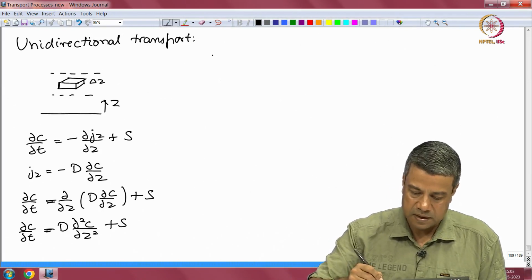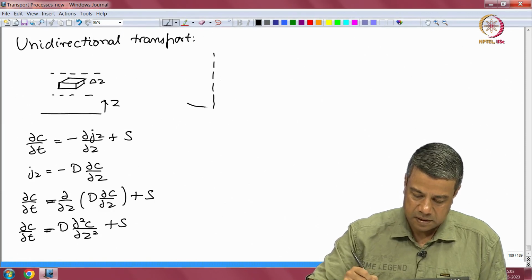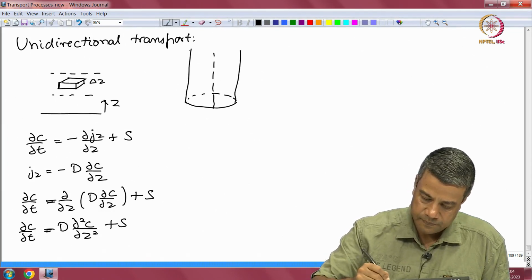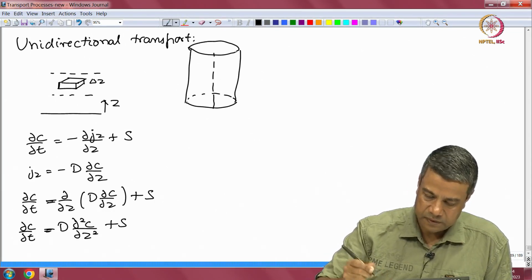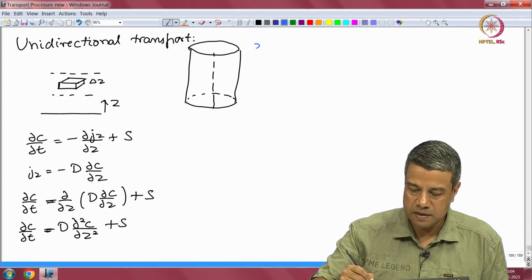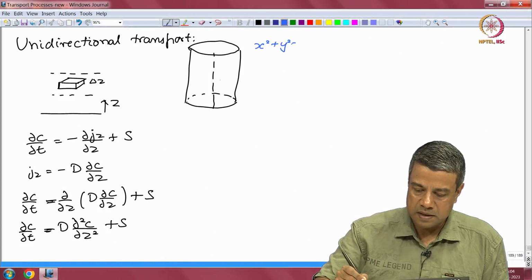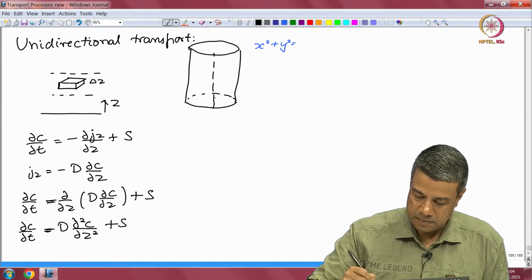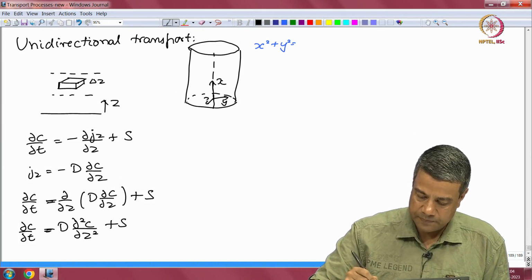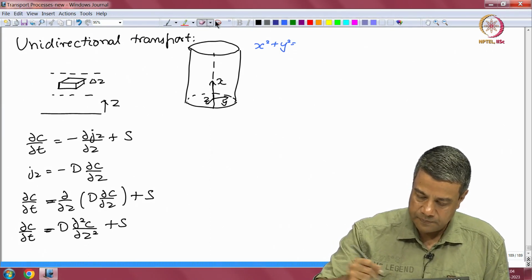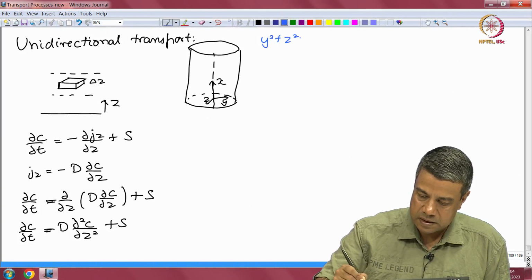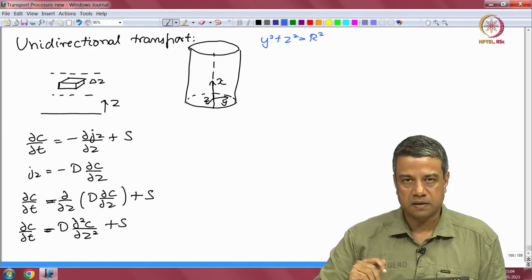So, if I have a cylindrical object, and if I wanted to express this in a Cartesian coordinate system, with the x coordinate and y and z, the surface would be of the form y square plus z square is equal to r square, which is inconvenient, it is not convenient.